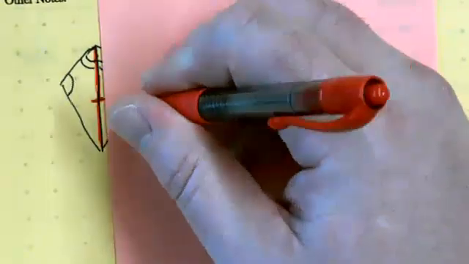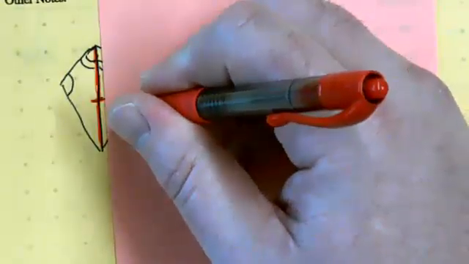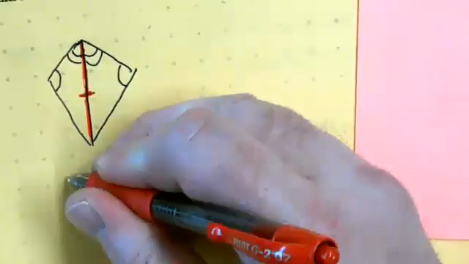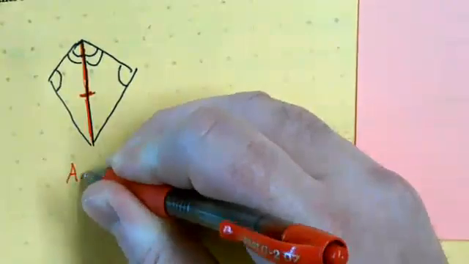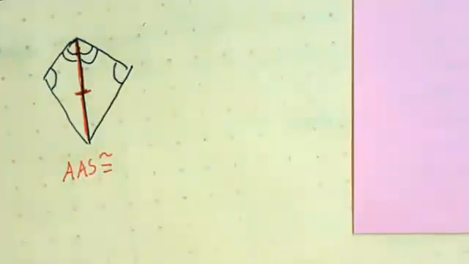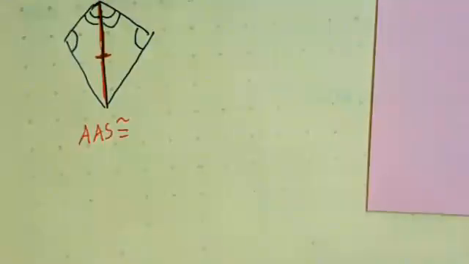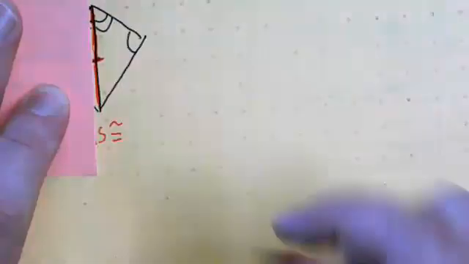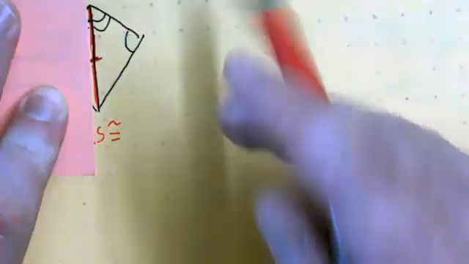Is it? It's not. So it's not ASA. It is AAS. And don't forget your little congruent symbol after your AAS, because AAS similarity is not a thing. Now I could have covered up the other side and I would have also seen 2 angles and a side, and the side's not touching both angles.